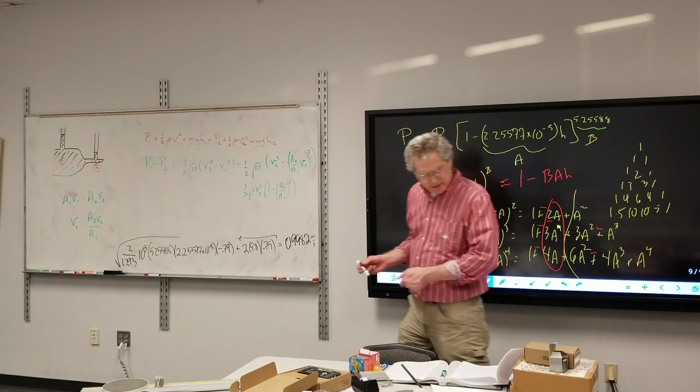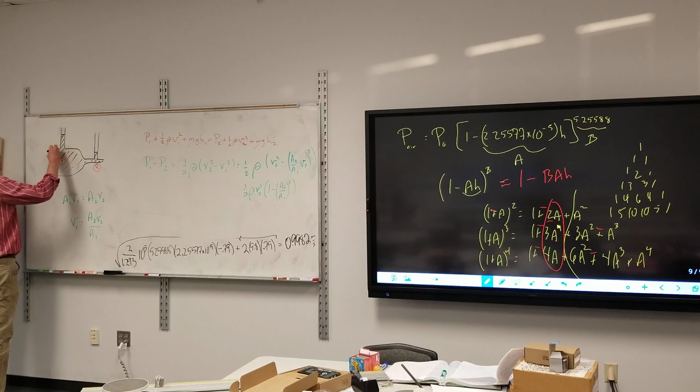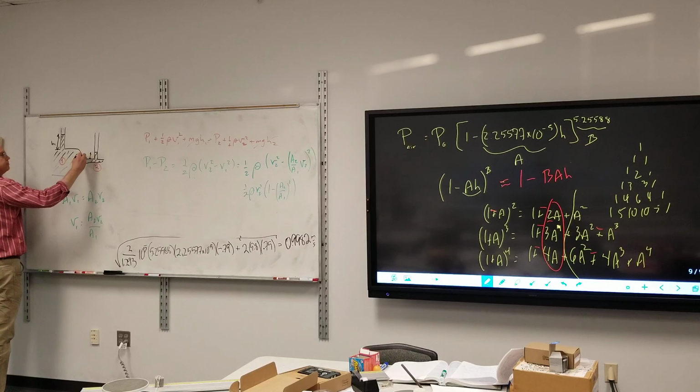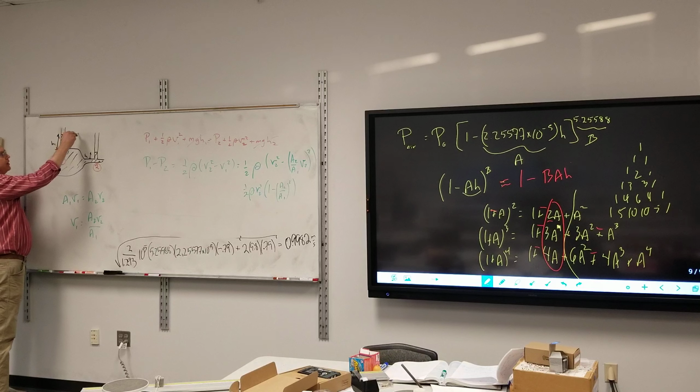Let's do some defining here. This is H1. This is H2. So I know that the pressure at this point is P1 all along here. So if I look at the forces, I have its weight pulling down on it, so that's M1g.